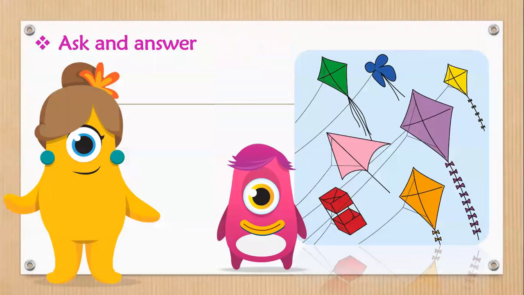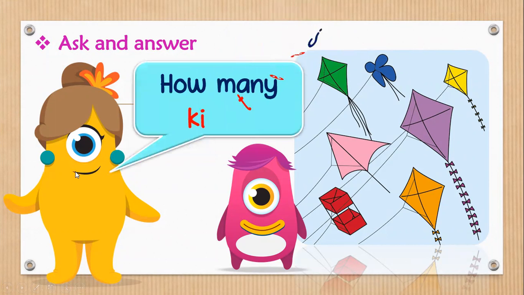Now it's time to ask and answer questions. Remember that I told you that we are going to answer the question, how many? In this case, pay attention to the teacher. The teacher asked, how many kites?